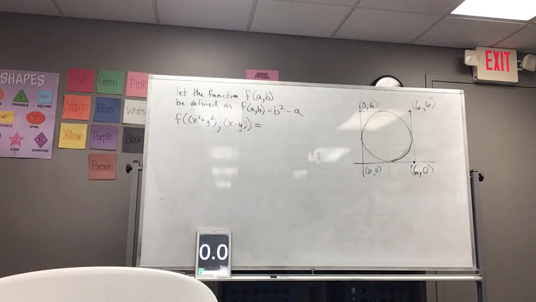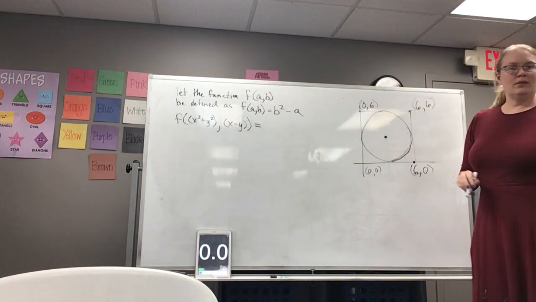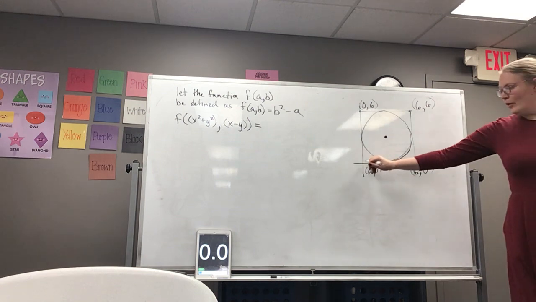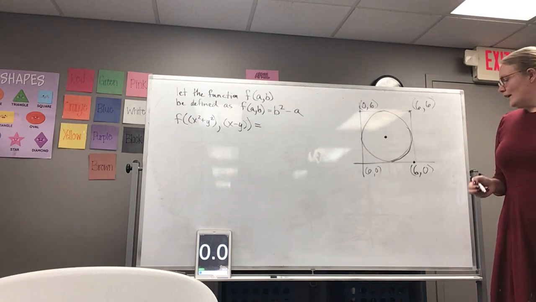All right, so first off, where is my center? What is our coordinate for our center? 3, 3. Yeah, we are both over 3 and up 3 because it's the middle of both sides.